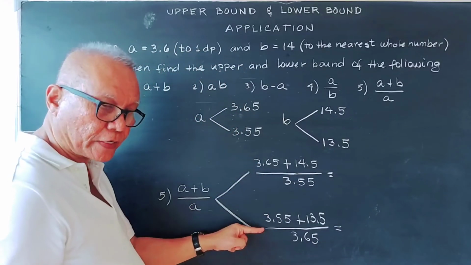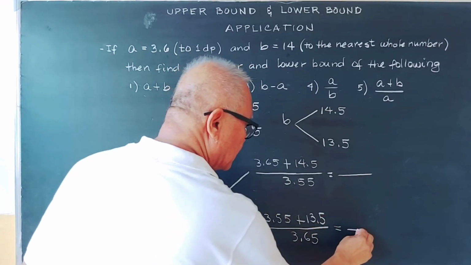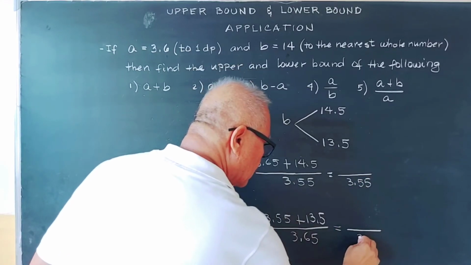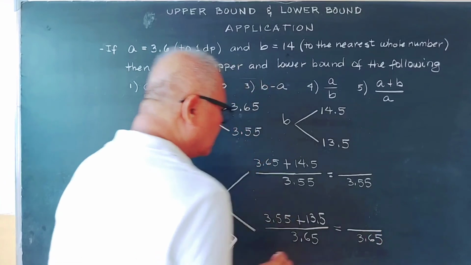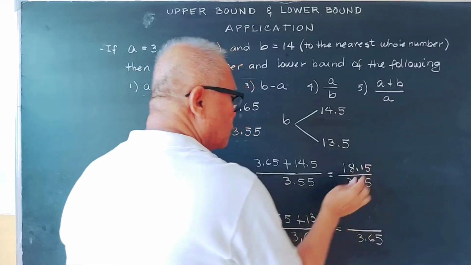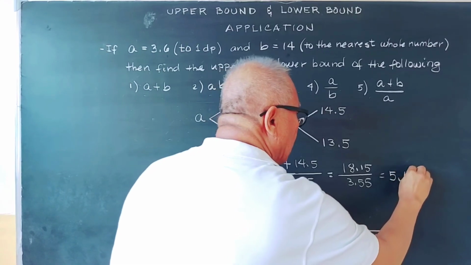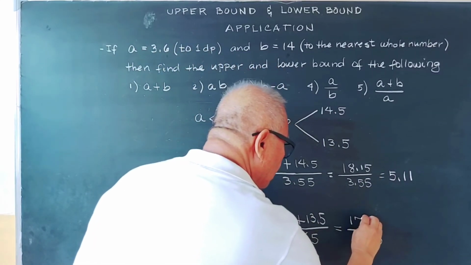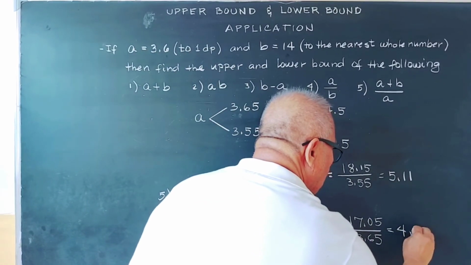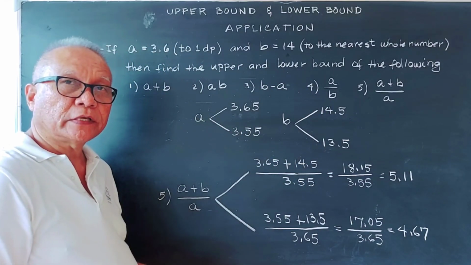Take note of this one. We add first and then we divide. So let's add the top one, 3.65 plus 14.5, the one that we solved earlier, 18.15, and then divide it by 3.55. And that is the application of the upper bound and the lower bound.